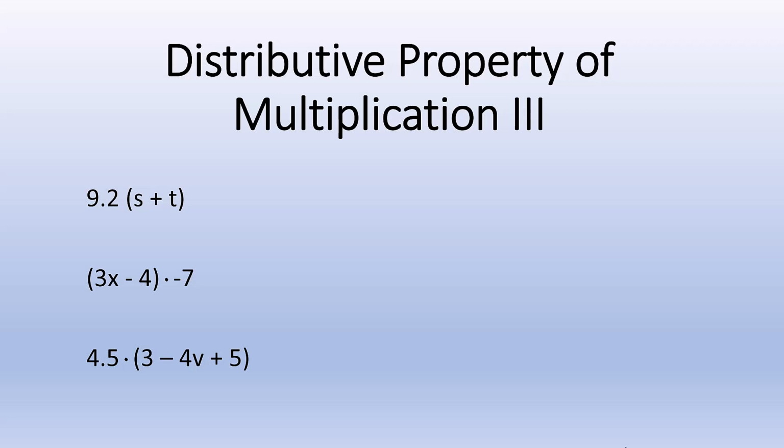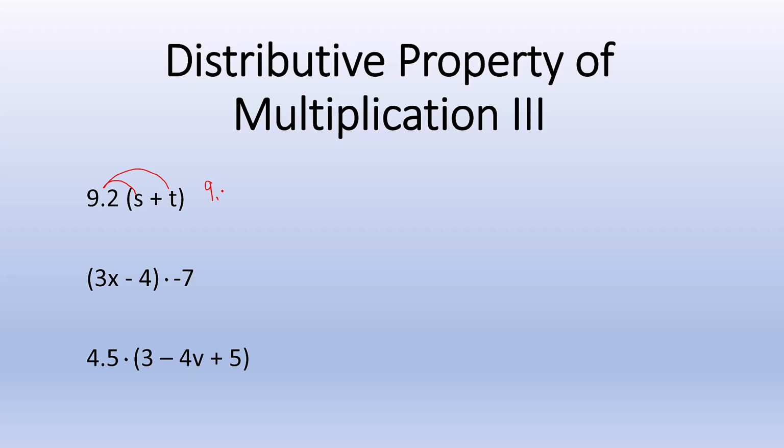parts. Okay, so when using the distributive property of multiplication, we're going to multiply whatever's outside the parentheses by everything that's inside the parentheses. So 9.2 times s and 9.2 times t.